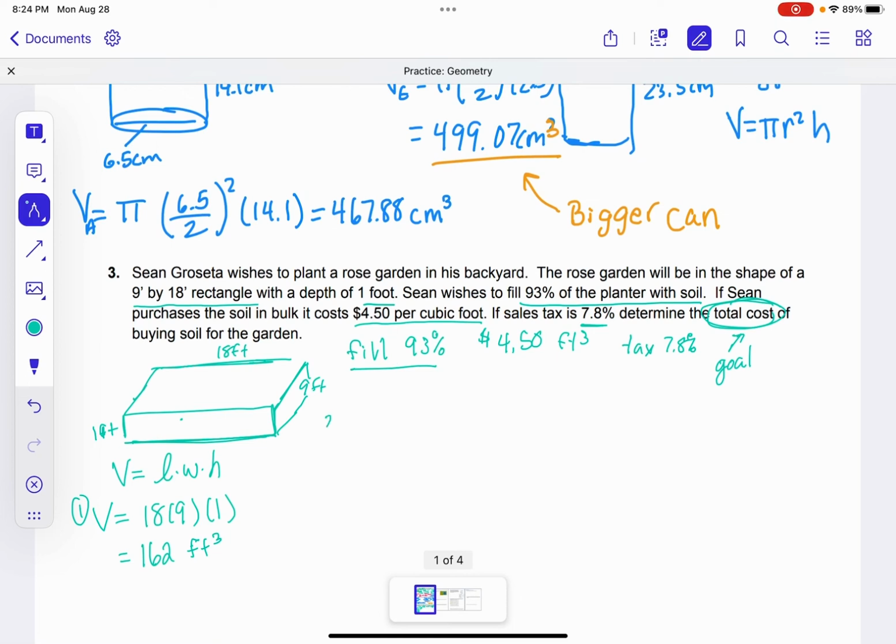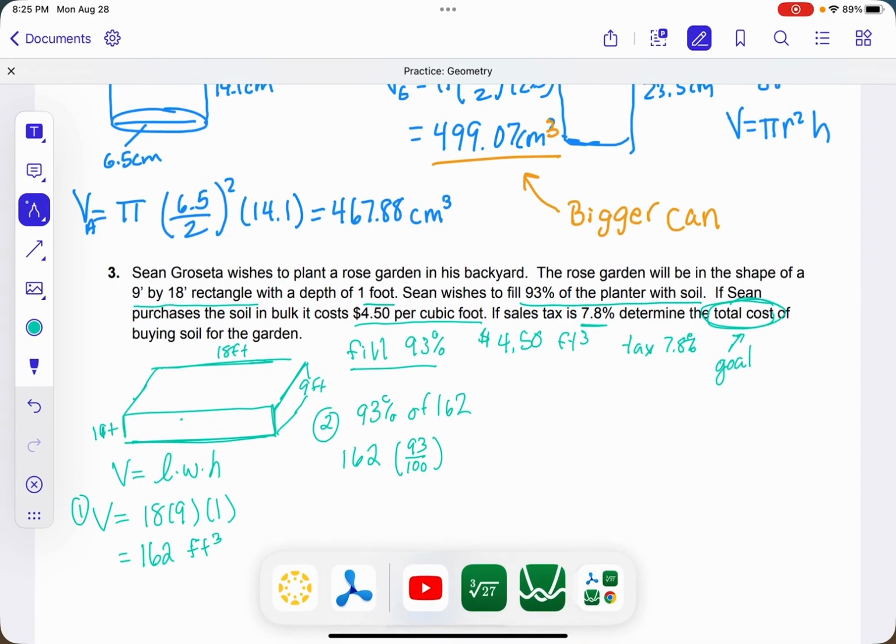So step 2 here, I'm going to take 93% of that 162. And so remember when I mentioned earlier with our percents, I'm basically going to take that total and then times it by 93 out of 100, or 0.93.